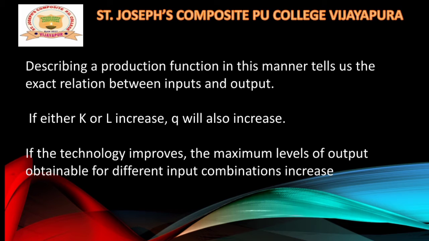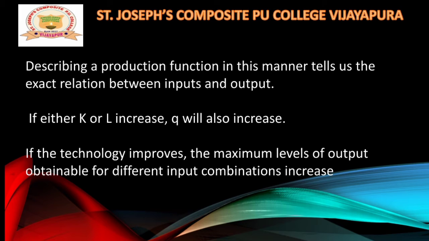Describing a production function in this manner tells us the exact relationship between input and output. So Q = K × L shows the exact relationship between input and output.